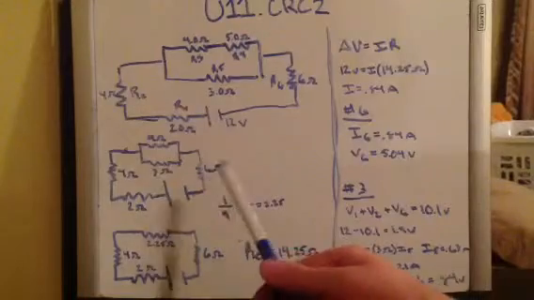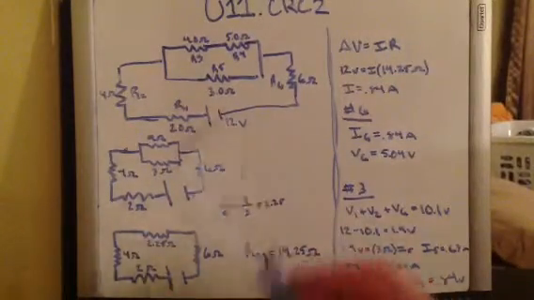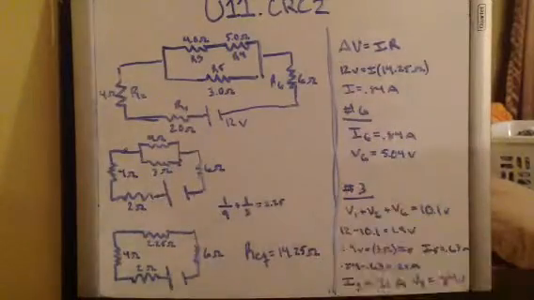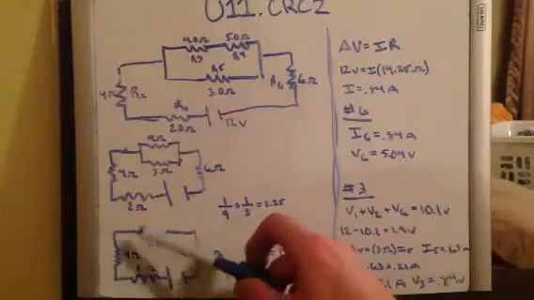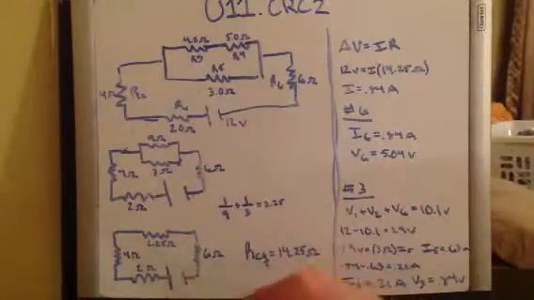So 1 over 9 plus 1 over 3 equals 1 over the new resistance, which equals 2.25. So now that we have this, we've gone from this schematic diagram to this schematic diagram.